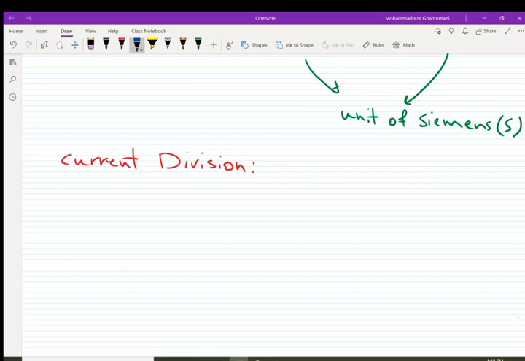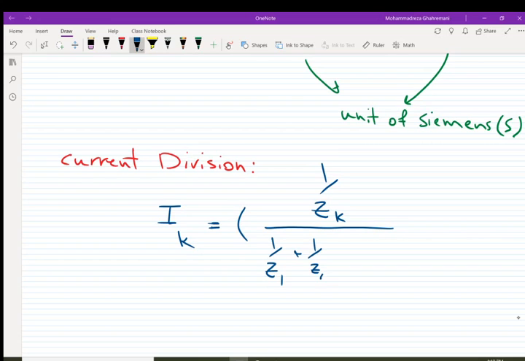Like as we did for voltage division, the current going through element number K is equal to 1 over the impedance of the element K over (1 over Z1 plus 1 over Z2 plus 1 over Zn) times I. Okay, it's exactly like the resistors.